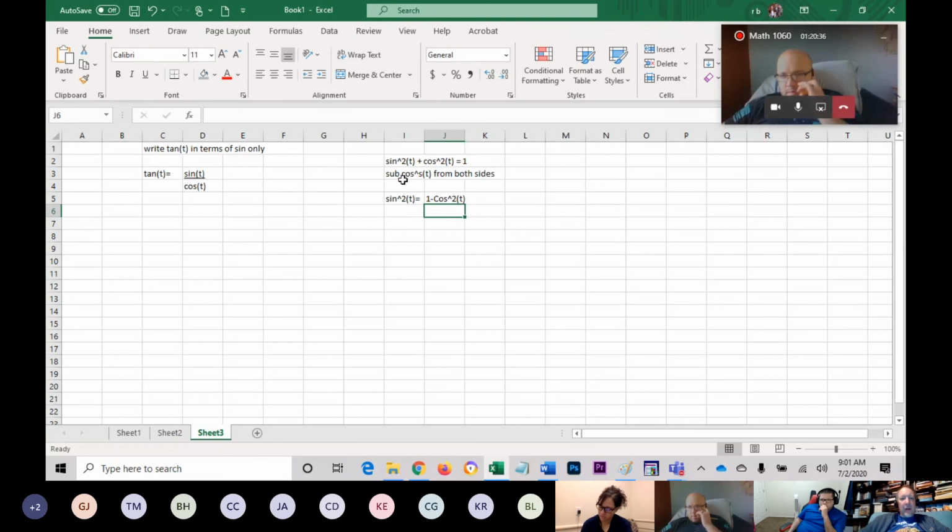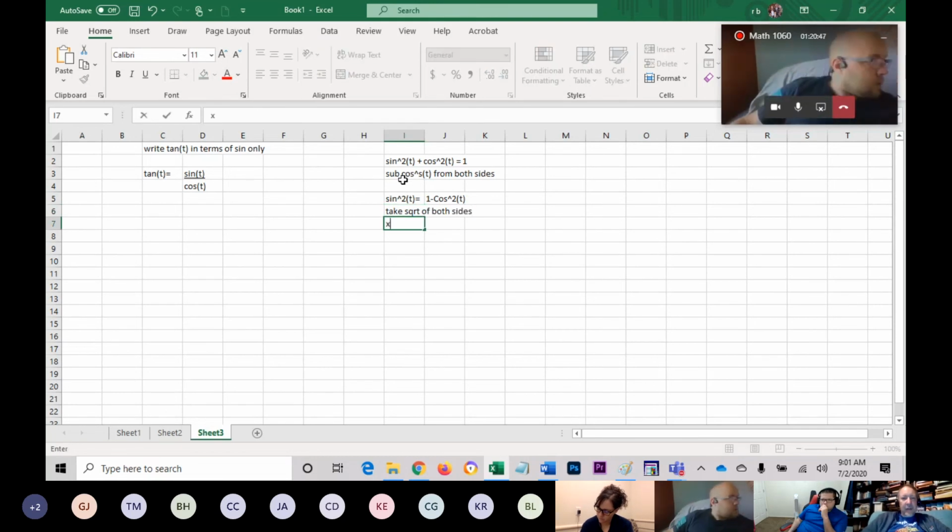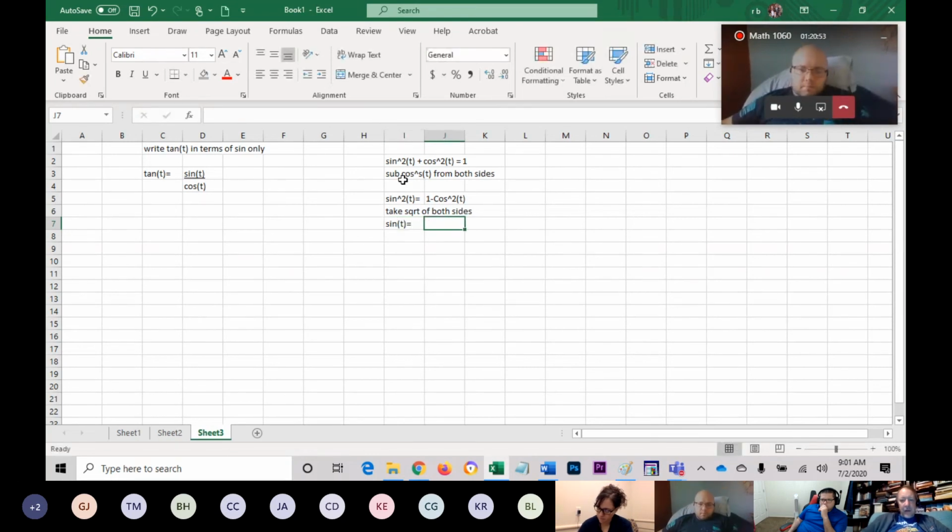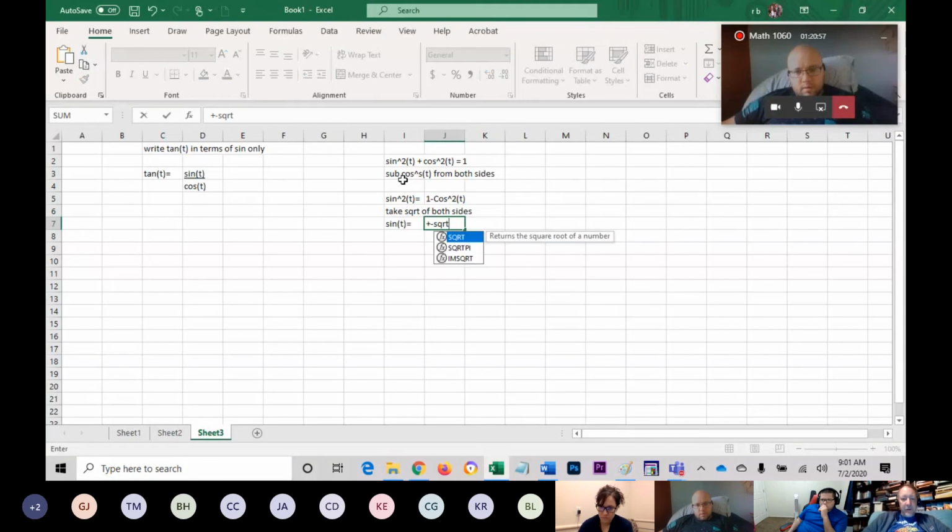Okay. Now, if I take the square root of both sides, now you can see that the sine of t equals the plus or minus square root of 1 minus the cosine.